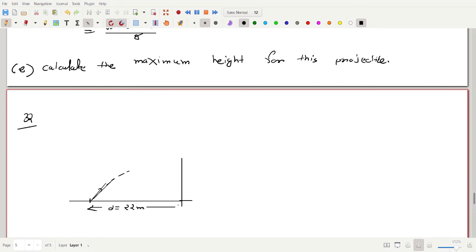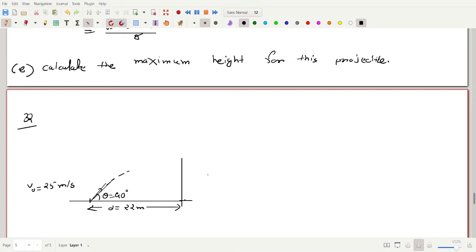The throwing angle is 40 degree, and the initial speed is 25 meter per second. So the first question, how far above the release point does the ball hit the wall? That is basically what is the y component of the ball when it hits the wall.